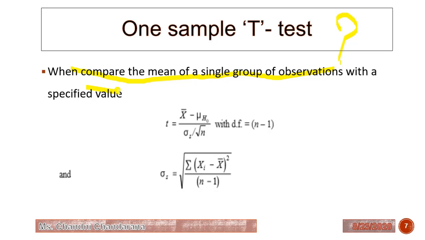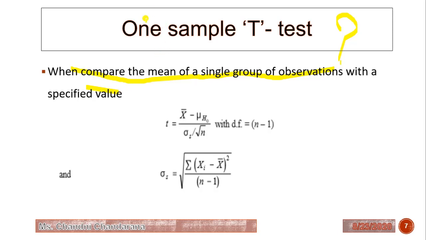Here we are not making two groups. Here we are just comparing our population mean with the sample mean. That's why it is known as one sample t-test. And we are making a statistical decision as to whether or not our sample mean is different from the population.